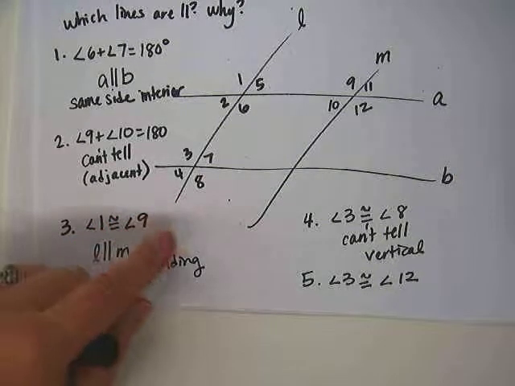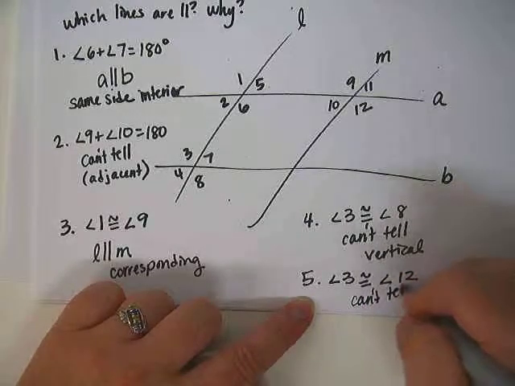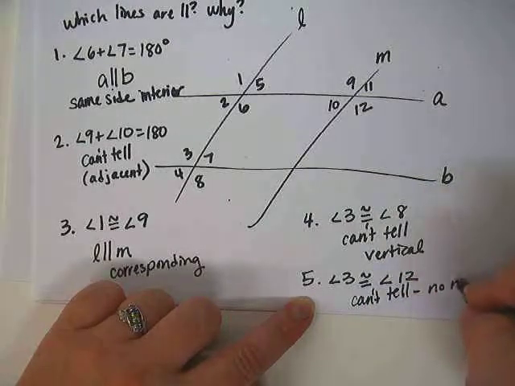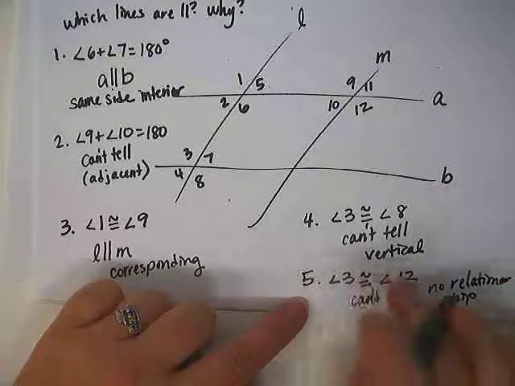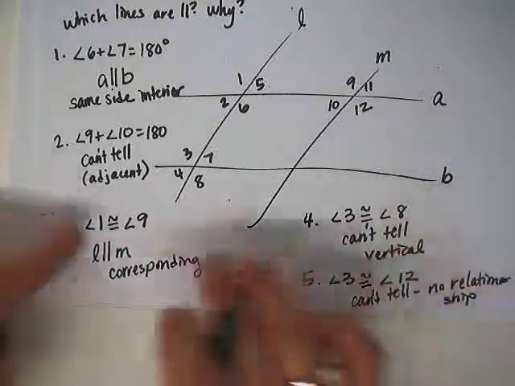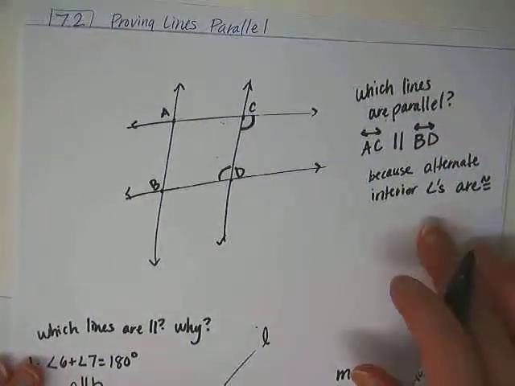Angle 3 is over here on these two intersecting lines. Angle 12 is up here on these two intersecting lines. Do they share a transversal at all? Are they related at all? No, there is no relationship between those angles. So therefore we can't tell because there is no relationship. They are not on the same transversal.